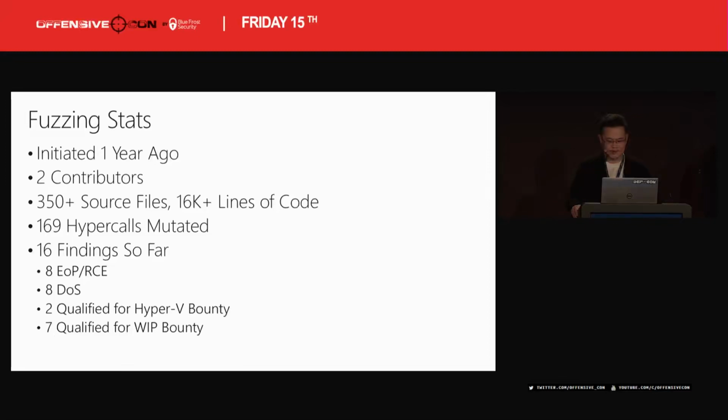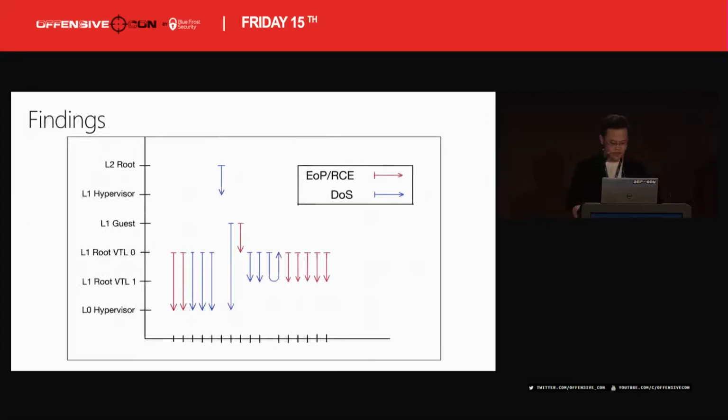Hyperseed and format-aware fuzzing is one of the useful ways to find Hyper-V vulnerabilities. Well, these are the findings so far. This diagram shows the types and impacts of those findings. The red vector indicates an elevation of privilege vulnerability or remote code execution vulnerability, while the blue vector indicates a denial of service vulnerability.